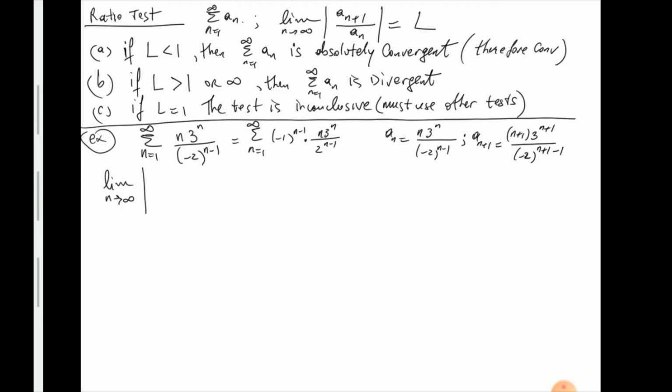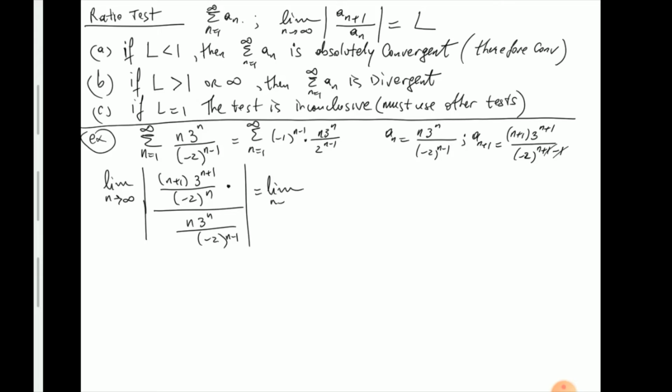So an plus 1 on the top, n plus 1, 3 to the n plus 1 over minus 2 to the n, because 1 minus 1 cancels. And divided by an means times the reciprocal of an. So, well, let's write it down actually like this, like a big ratio. But later on, just do the simplified ratio from the beginning, just to not waste too much time.